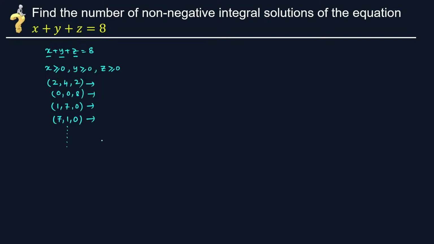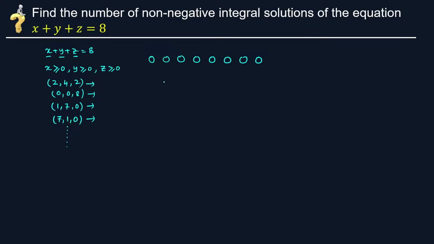So is it not the same way of saying in how many different ways 8 identical objects can be distributed among 3 heads, x, y, and z? Think about it. I am having 8 identical objects, and we are having 3 groups. 3 heads are there, which are x, y, and z.